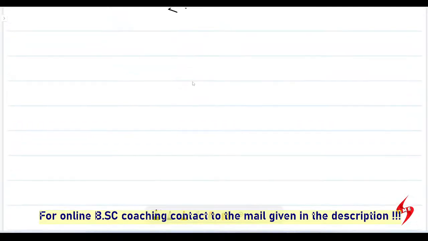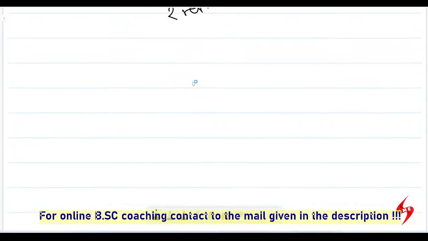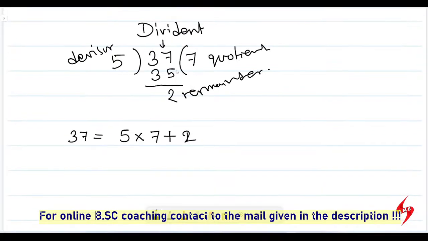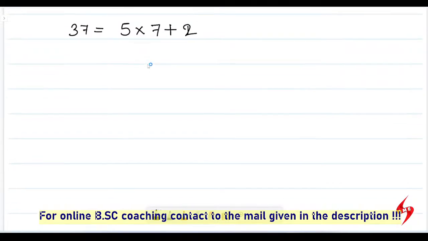Similarly, dividend is always equal to divisor into quotient plus remainder, where the remainder is 2. We all know this, because if the remainder is 0, that is, there is no remainder, then the division is fulfilled.